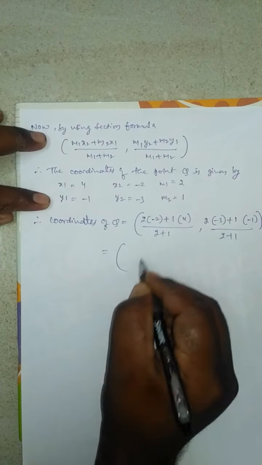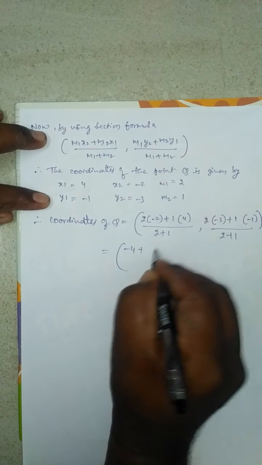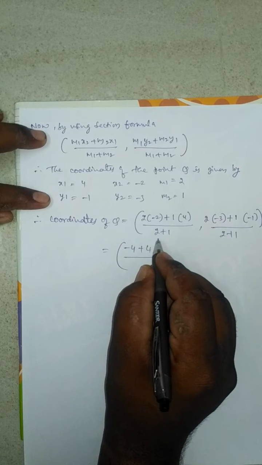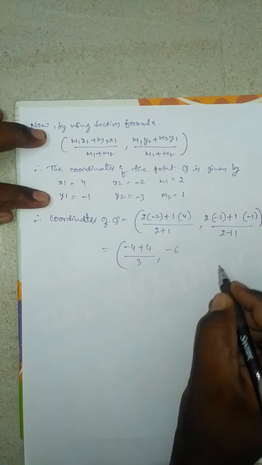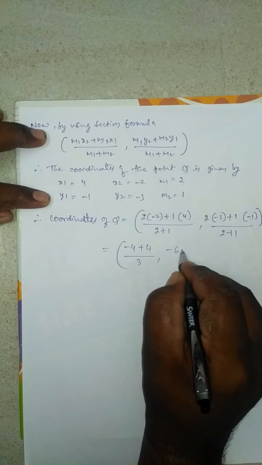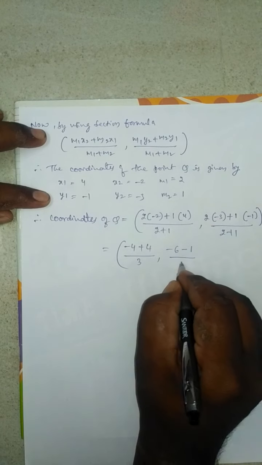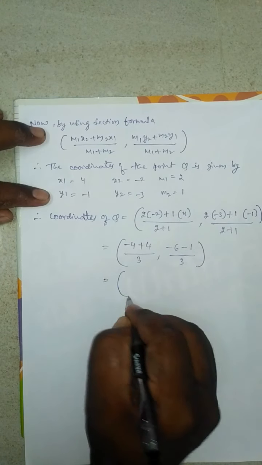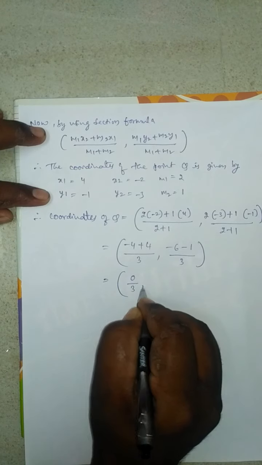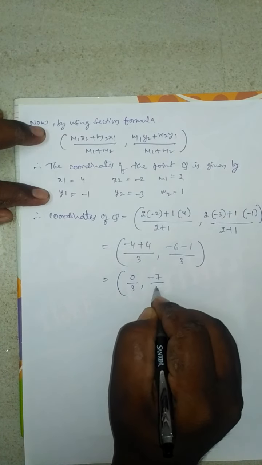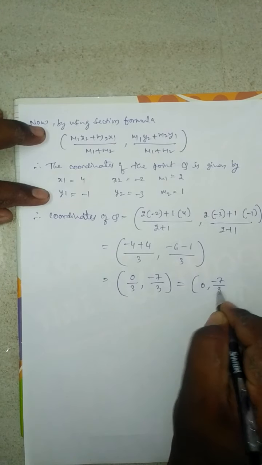So how to solve? 2 into minus 2 is minus 4, plus 1 into 4 is 4, divided by 2 plus 1 is 3. Here 2 into minus 3 is minus 6, plus 1 into minus 1 is minus 1, then 2 plus 1 is 3. So minus 4 plus 4 is 0 by 3, and minus 7 by 3. 0 by 3 is 0 only, so this is minus 7 by 3.